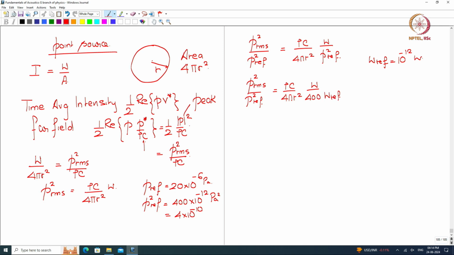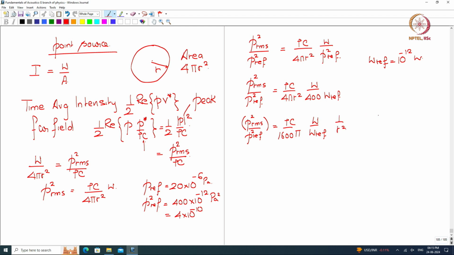If we now separate things out, P square RMS by P square reference is equal to rho c by 1600 pi, W by W reference, 1 over r squared.